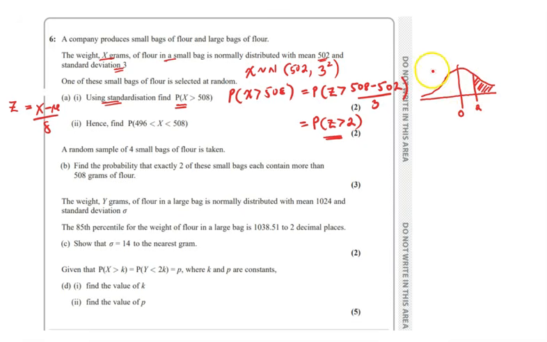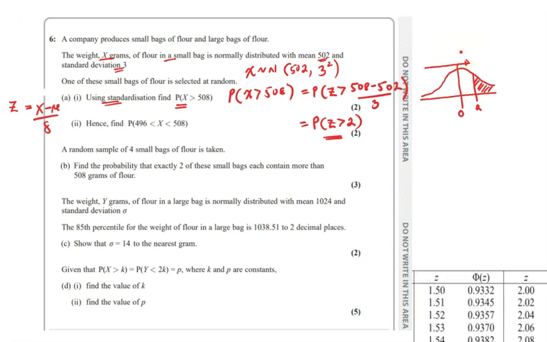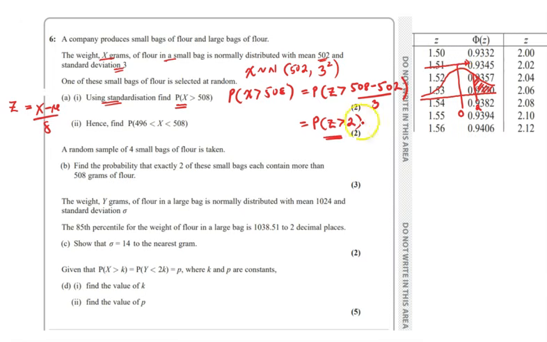So you go on our tables, but remember the tables will give you the area up to that. I have a piece of the table here. We have 2.0 here, which is 0.9772. That means this probability is 1 minus 0.9772, because the table always gives you this area.